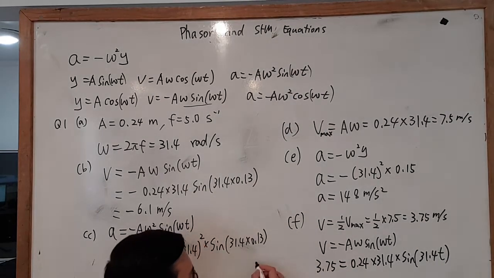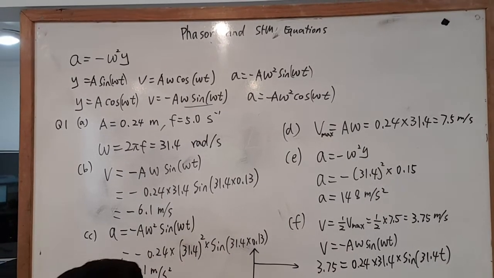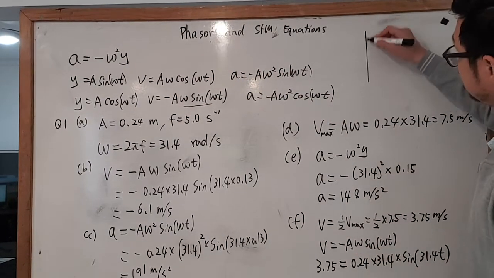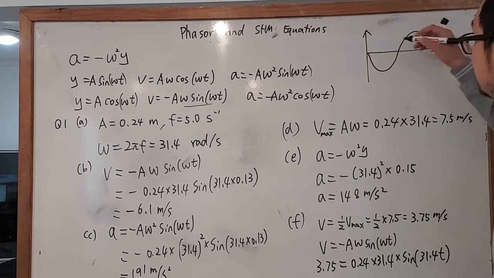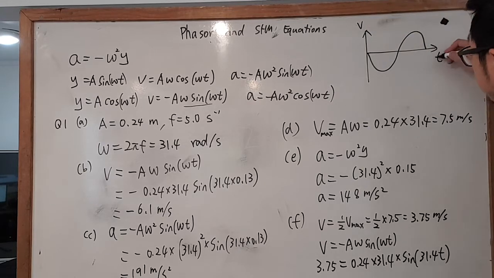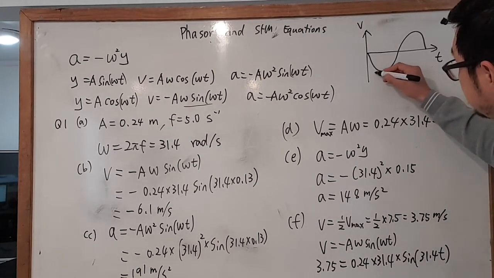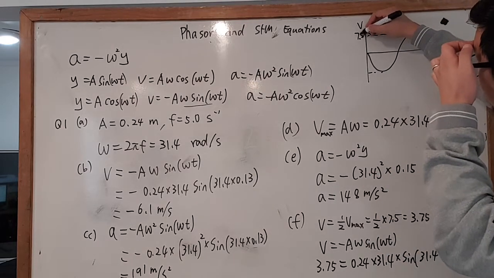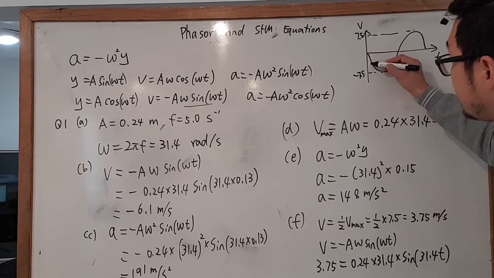Why do we get rid of the negative sign? It's because of this graph over here, which I'll draw on top. Because it's a negative sine, it's going to look like this shape. This is speed against time. When you calculate the time taken to reach half the maximum speed, the maximum speed is going to be 7.5, and this is going to be negative 7.5. You only need to reach over here.